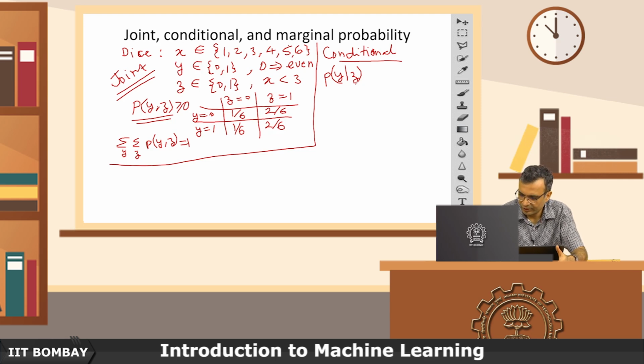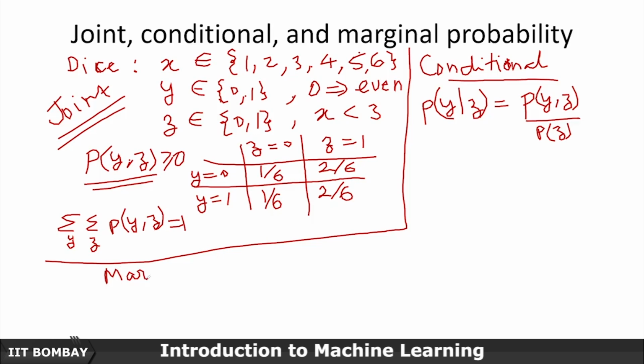So, let us pick the value where z is even, so let us take z equal to 0, but before that, the formula for P of y given z is P of y comma z divided by P of z, from Bayes theorem. So, now where does this P of z come from? This P of z comes from something called marginal distribution.